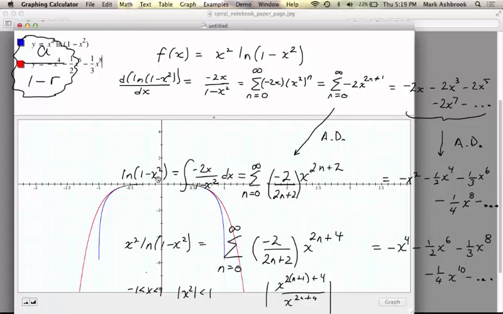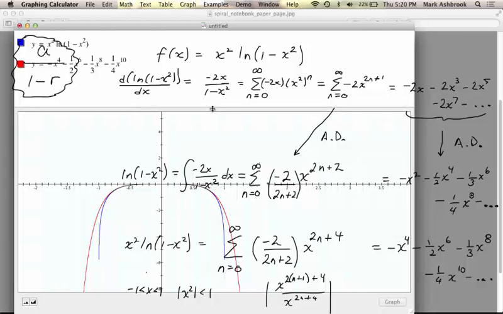So it's looking really good around 0, and by adding more terms, it gets better and better out here at the ends, near 1 and -1. So the last term we got was -1/4 x to the 10th. So you see, the more terms you include, the better the approximating polynomial, the power series, does at matching the function.